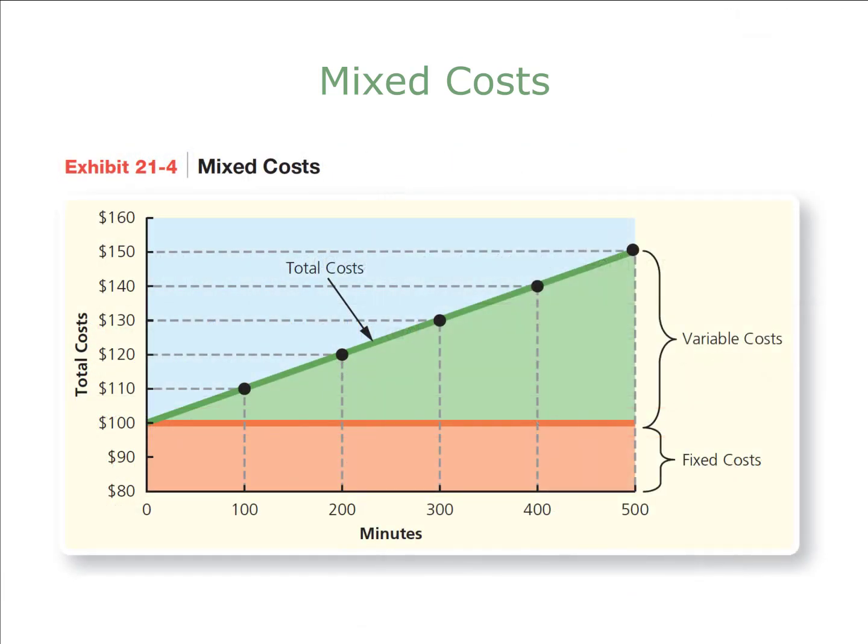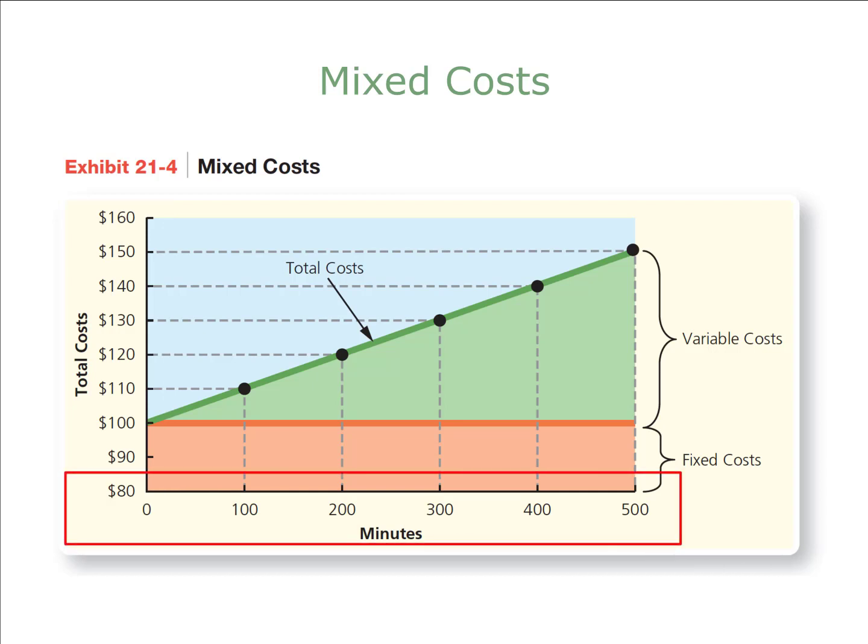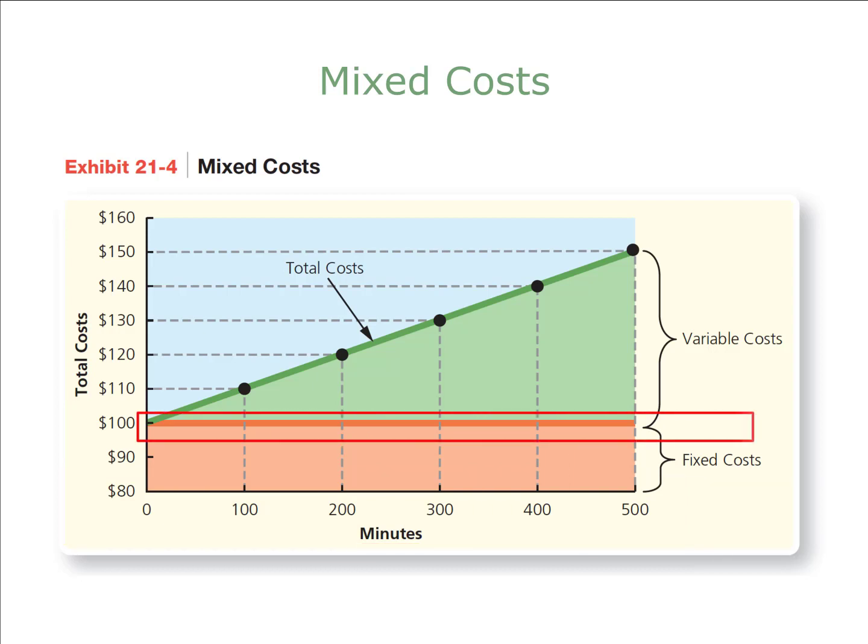Here's what a typical graph would look like for a mixed cost. It's graphing the cell phone plan of $100 per month plus 10 cents per minute of use. Total costs are on the y-axis, and total minutes used are on the x-axis. Notice the orange line is flat. This represents the $100 fixed cost of the cell phone plan.